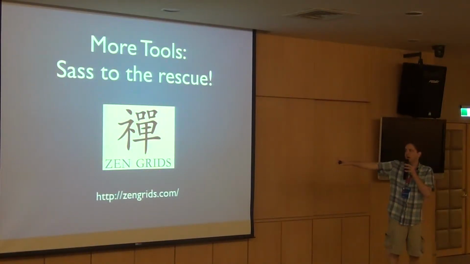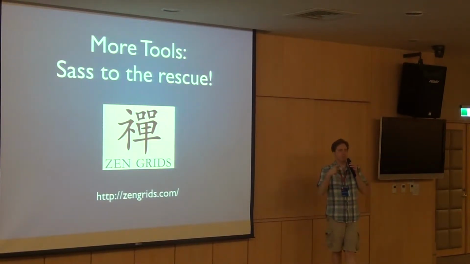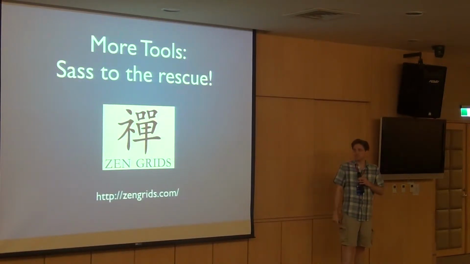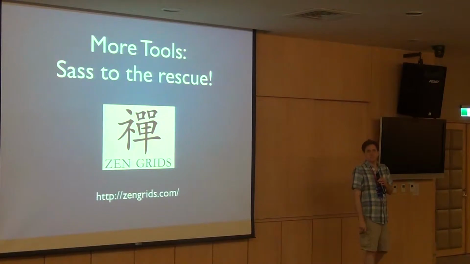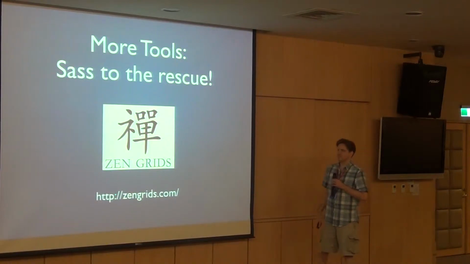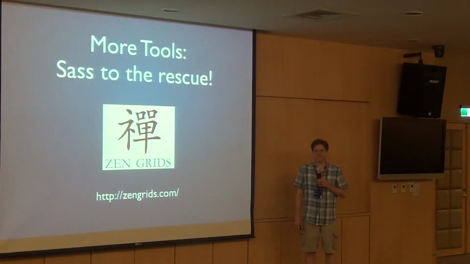So I wrote Zen Grids, which is a Sass module. It's a set of predefined code written in Sass that's really easy to use and simplifies creating layouts. When doing responsive design, as we said, you need to make 3 to 4 layouts, which is really difficult if you write it all in CSS. So John wrote Zen Grids in Sass, as a module. Many of the examples we just saw are already written for you, so you can just use them.